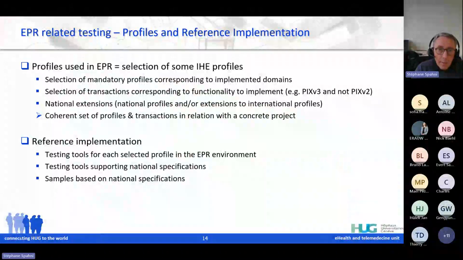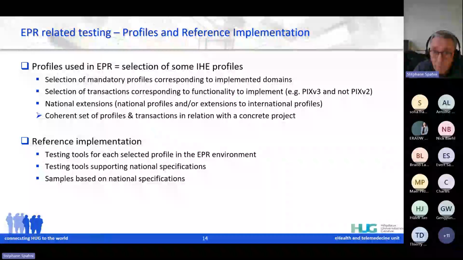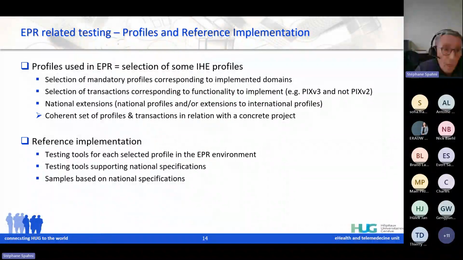For the EPR-related testing, we have a selection of the mandatory profiles corresponding to the implemented domains. We do not test in the Projectathon profiles that are outside of the scope of the original project. There are also some restrictions in the transactions we will test.